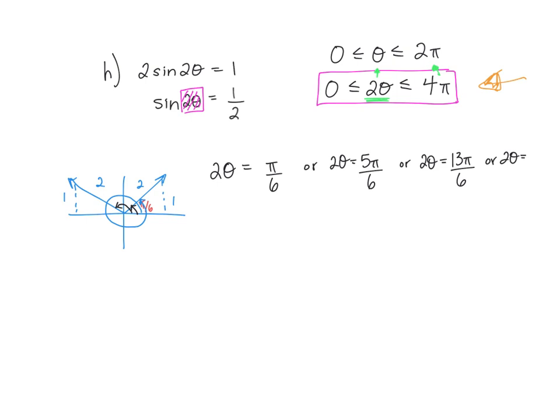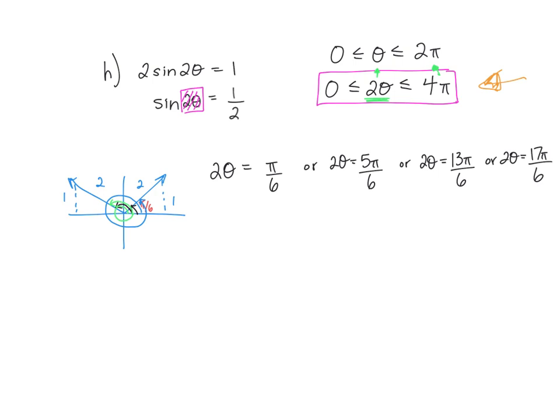So again, I was at 12 pi by 6, and I can keep rotating, and I have to add 5 more pi by 6s. So I'm at 17 pi by 6. So you'll notice those are all of the angles that fit between 0 and 4 pi, because I have a double angle.